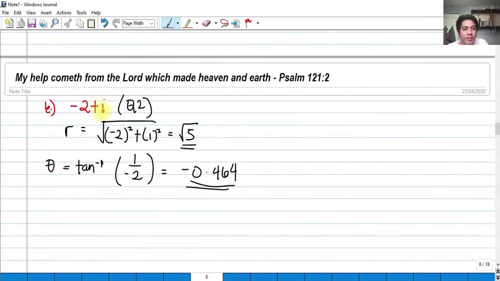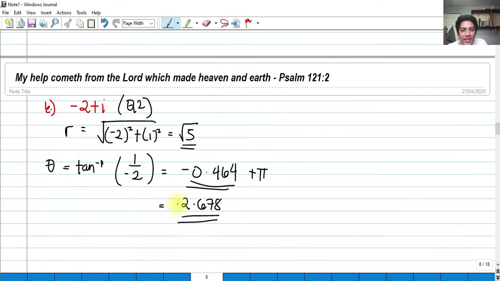Negative x but positive y, that's in quadrant 2. So what we are going to do is to simply add pi, just like what we did a while ago. So we add pi, so that is 2.678 in 3 decimals.